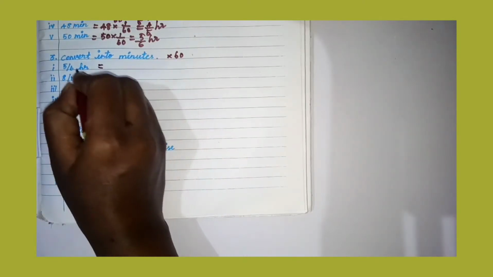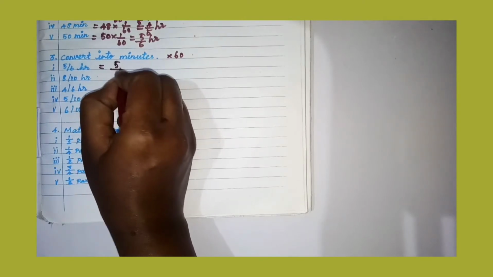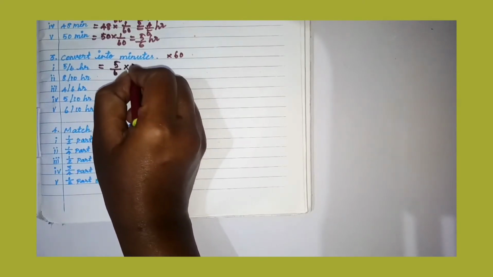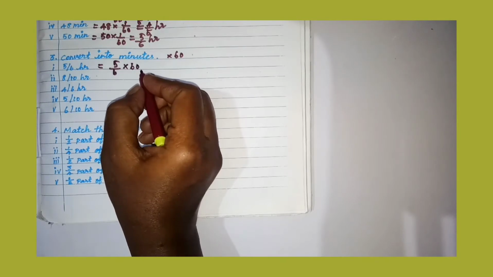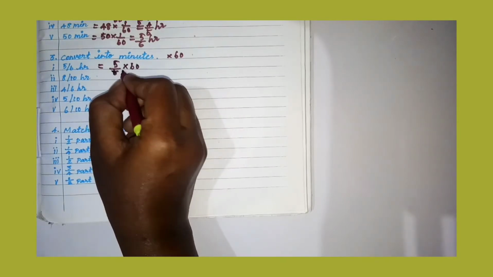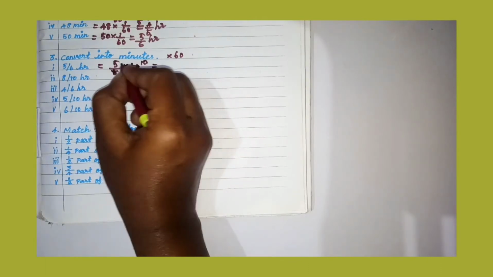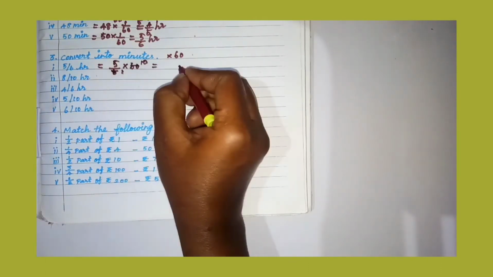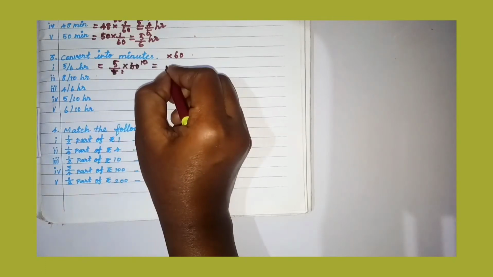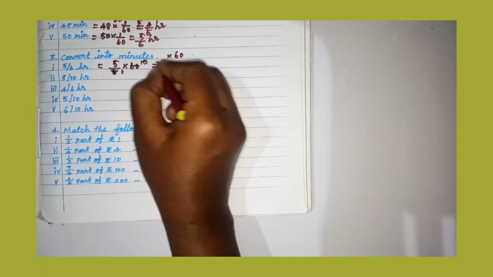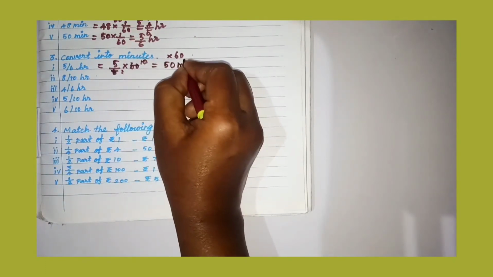So first value 5 by 6 fraction value into 60. Now take 6 table: 1 6 is 6, 10 6s are 60. So 10 5s are 50, the upper value we have to multiply. So 50 minutes is the answer.